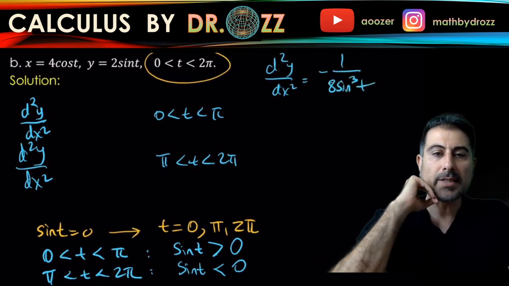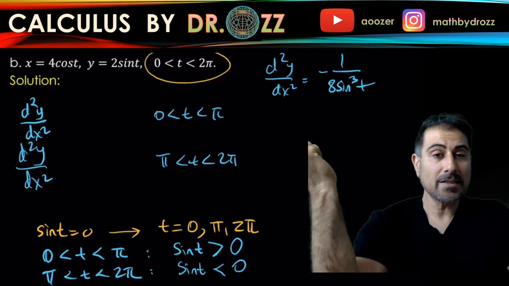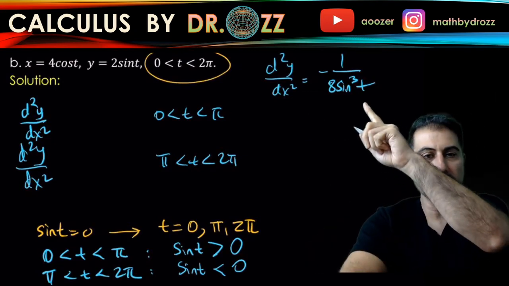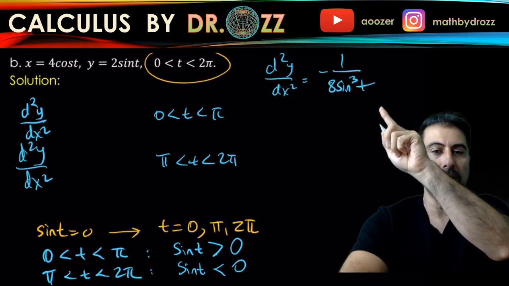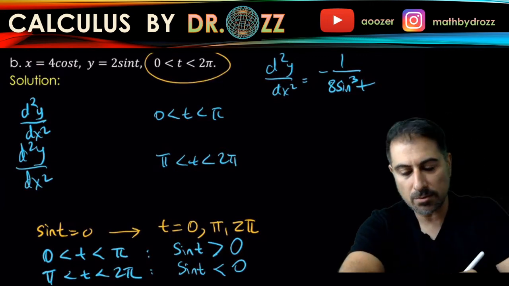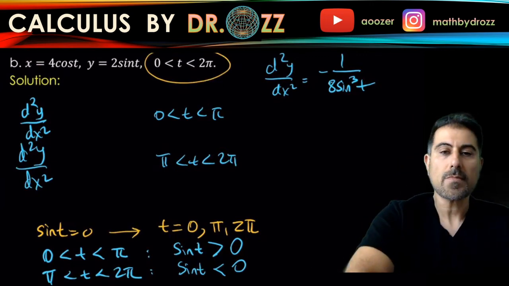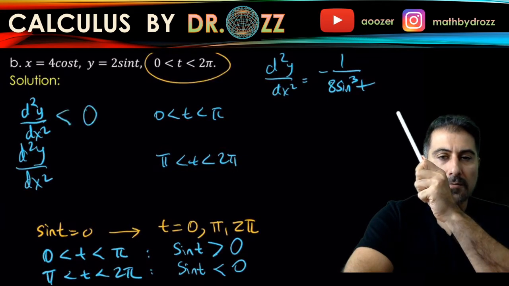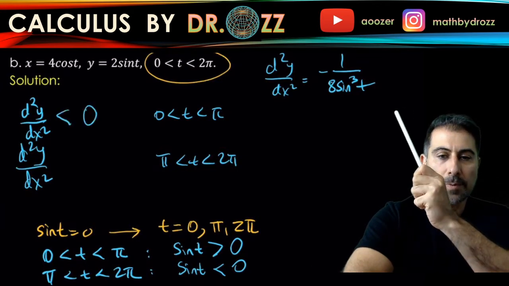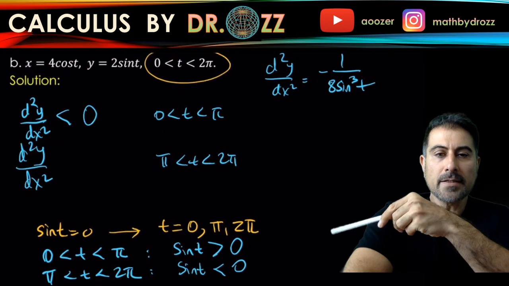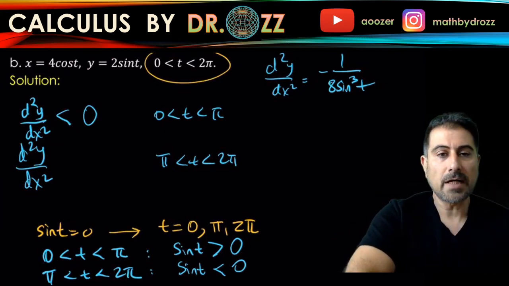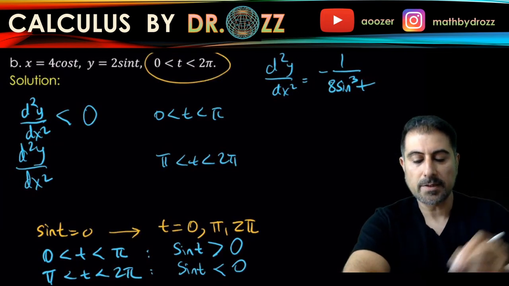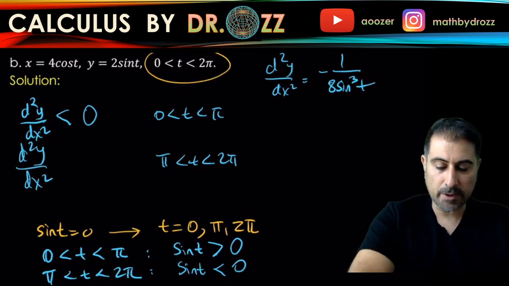Sine t is positive on the interval 0 to pi, and so is sine cubed t. So you have negative 1/8 times a positive number, which gives a negative number. For t between pi and 2 pi, sine is negative, so sine cubed is negative, and with another negative 1/8, that makes d squared y over dx squared positive.